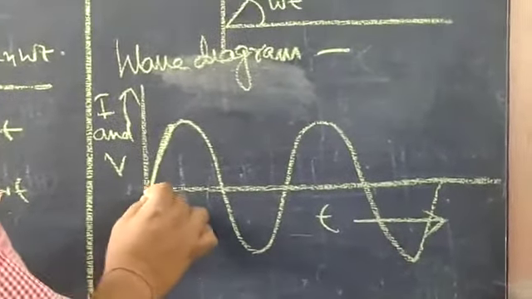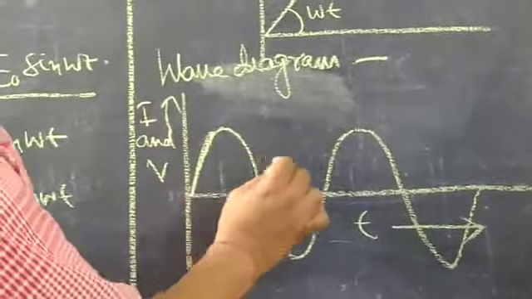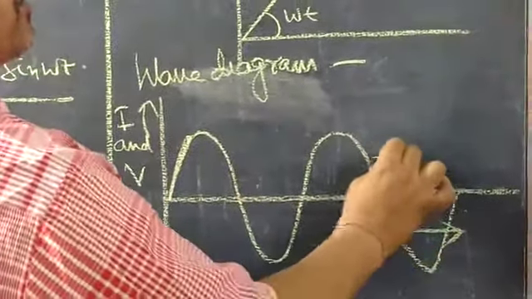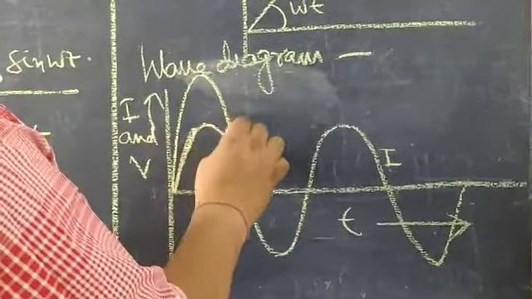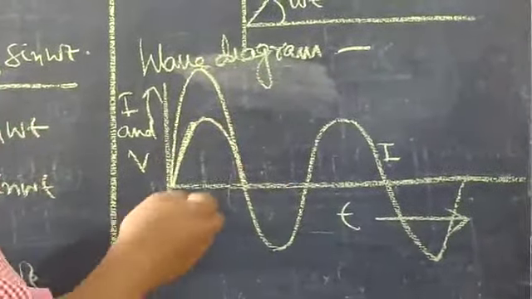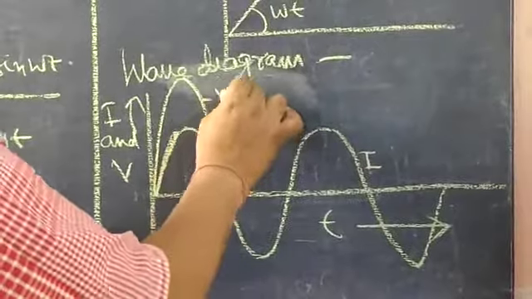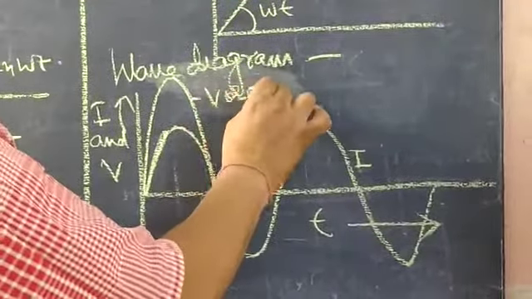So both will be current and voltage. This is the curve for current. So voltage will also be, means current and voltage, V or E.